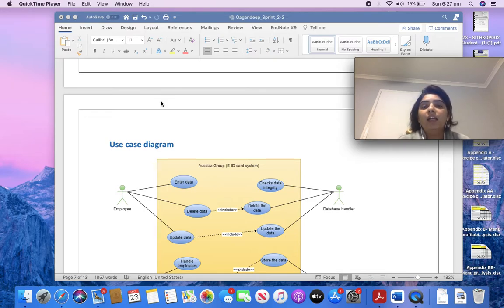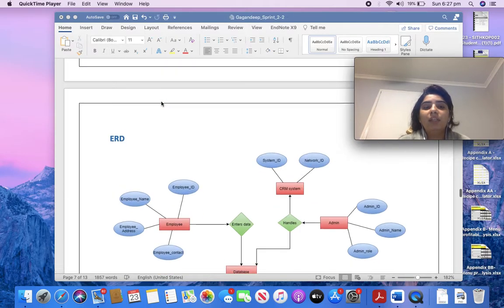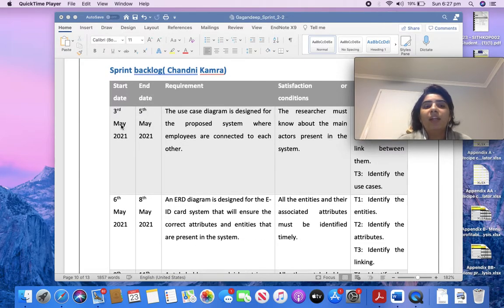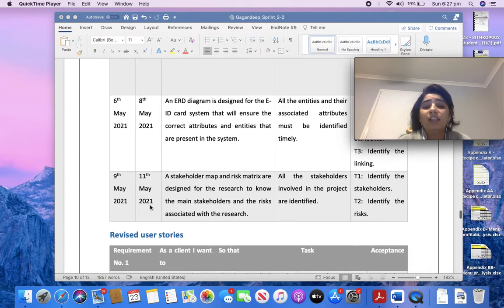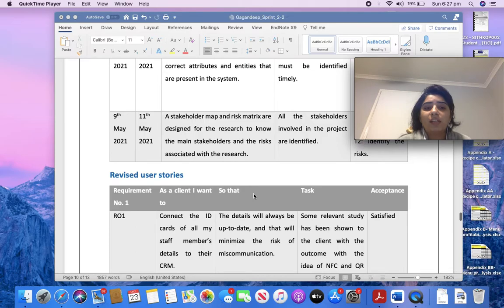I spent this time on the user story and revised user story, which comes under the sprint backlog. When I started and when I finished it, the dates are written over there.